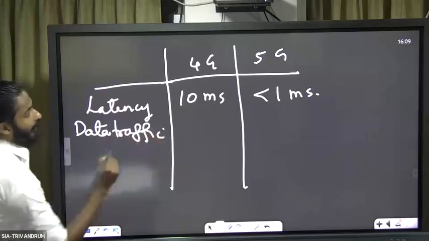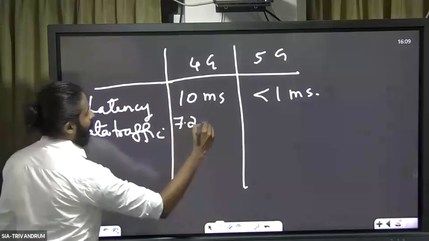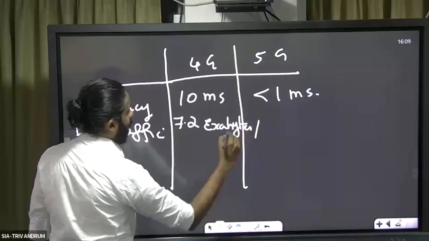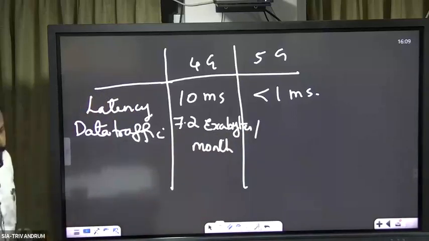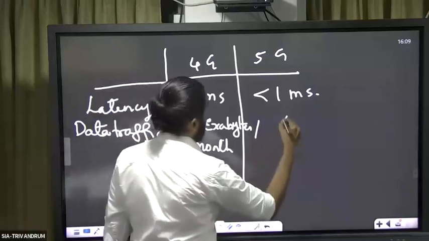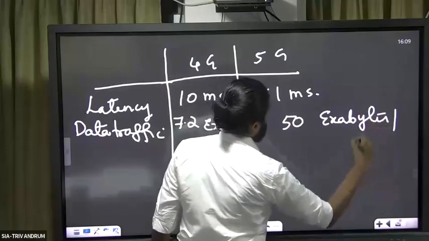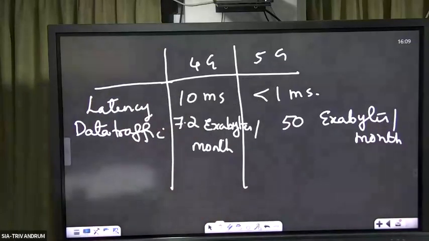If we compare the total data traffic in 4G, it is 7.2 exabytes, that is 10 raised to 18, I guess, exabytes per month. In 5G, total data traffic can exceed 50 exabytes per month.